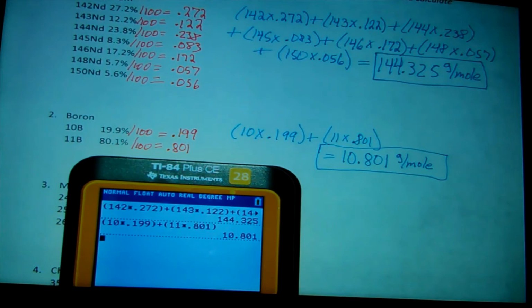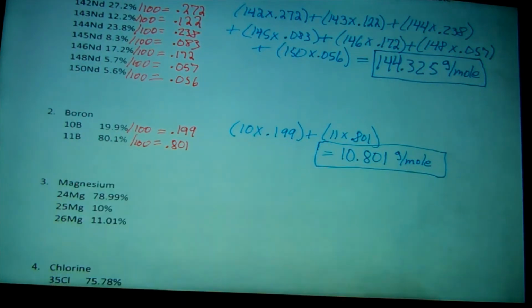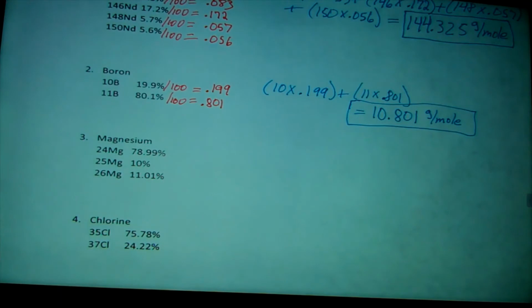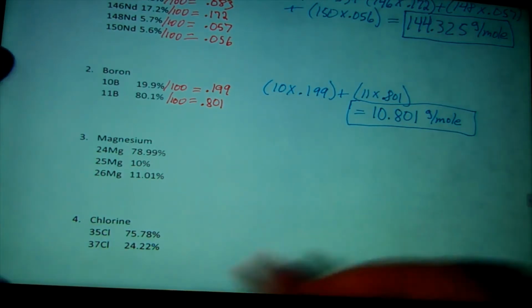I cannot speak today. So there's number 2. Let's go to number 3 on here. Number 3 is not that bad. We use these isotopes for examples of calculating how many neutrons are in there. So we're going to do the same thing.